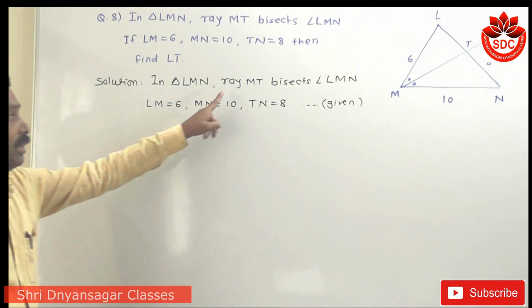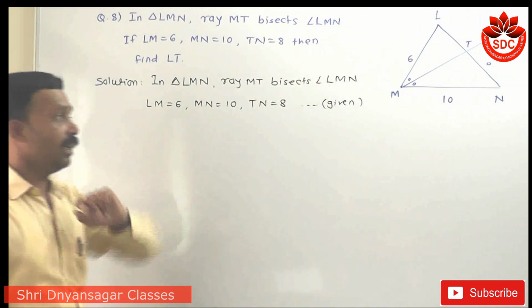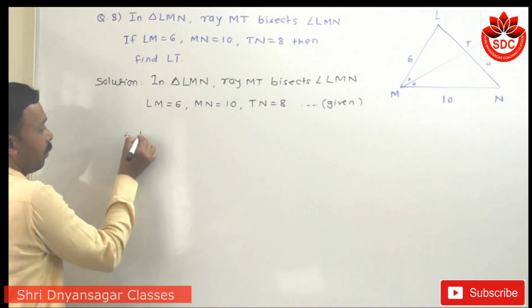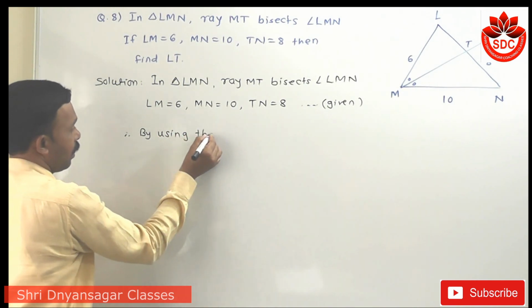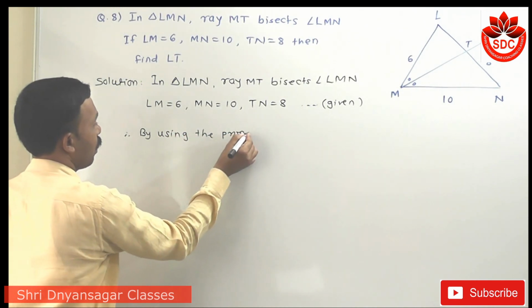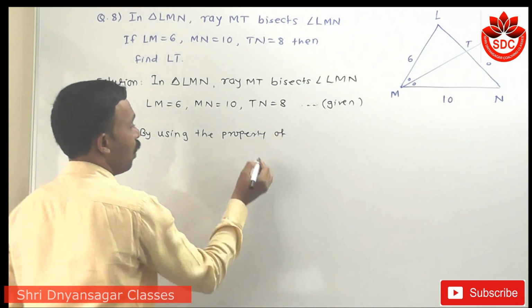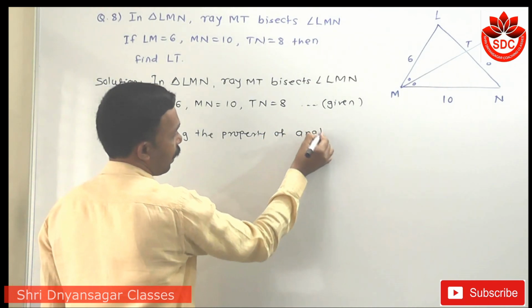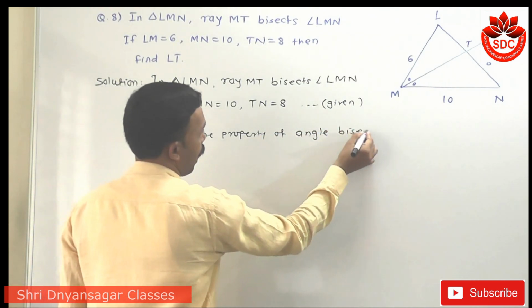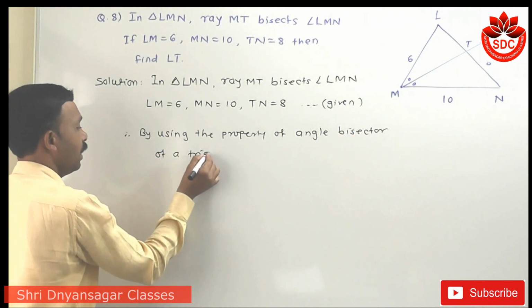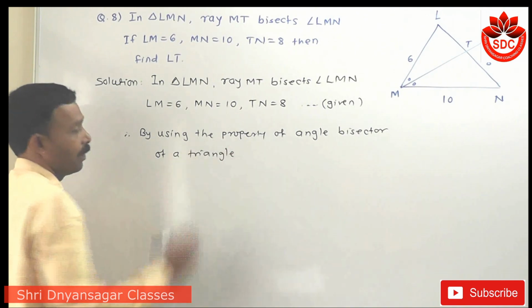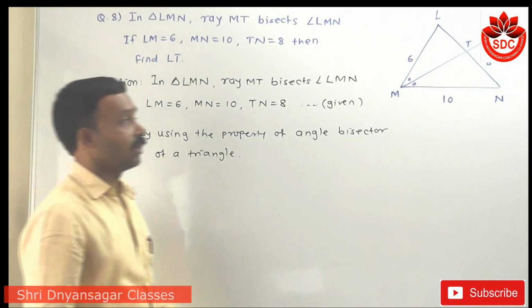Now students, if this is the bisector of angle LMN, therefore by using the property of the angle bisector of a triangle, we take the ratio.